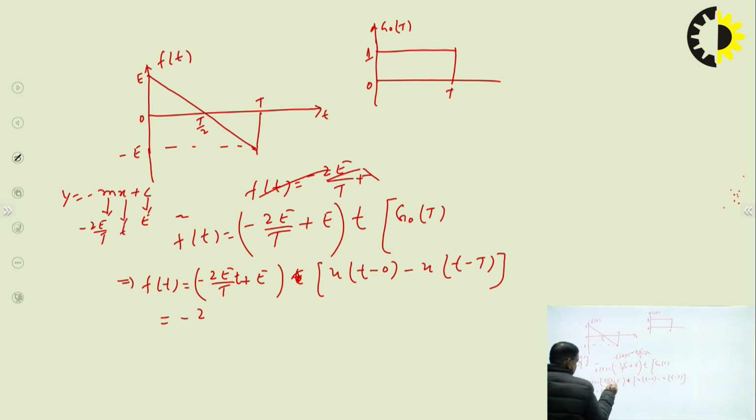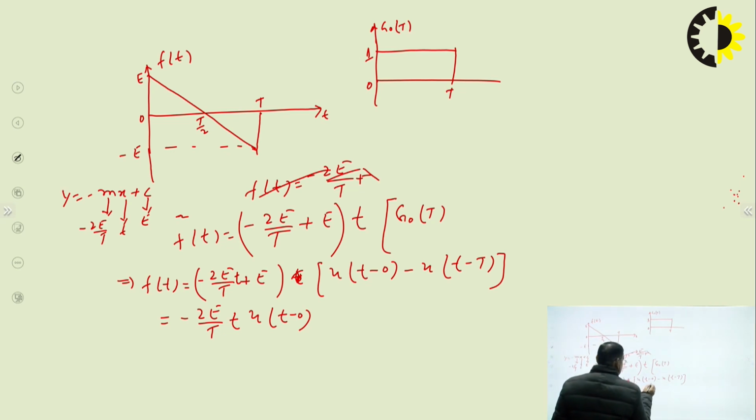So we can write minus 2E upon T into t u(t minus 0). Again, minus minus plus, so this is plus 2E upon T into t u(t minus T). Okay, so I have written this one.